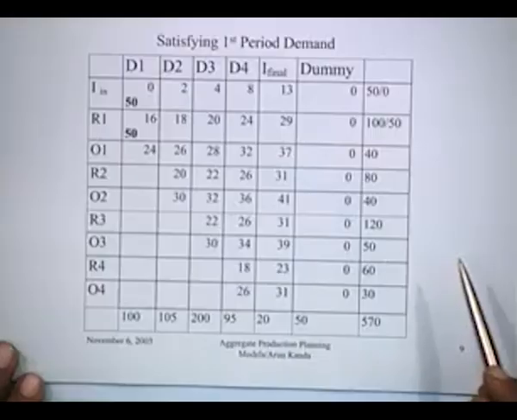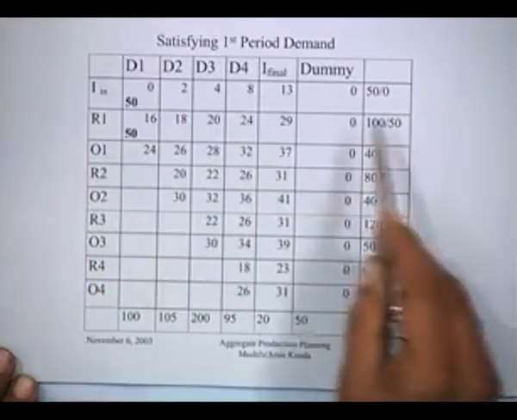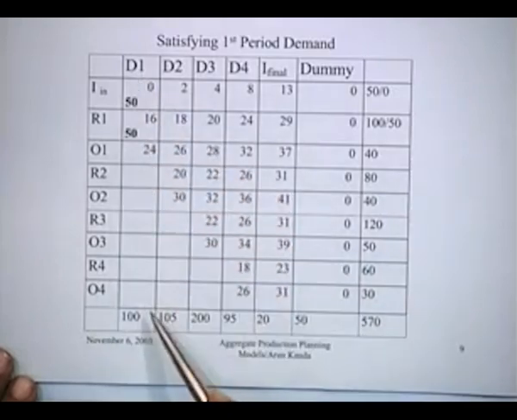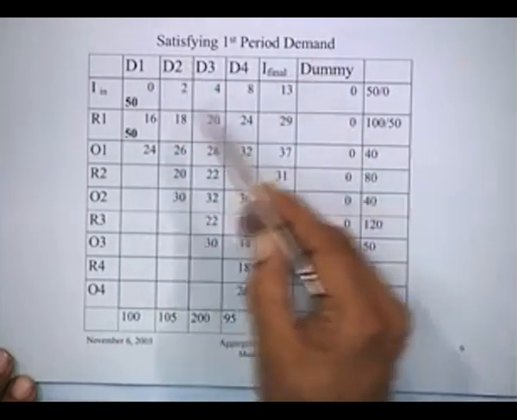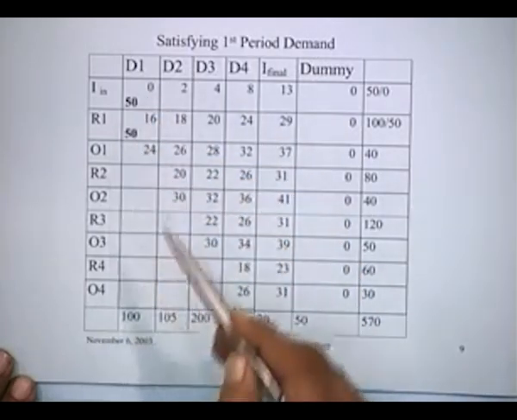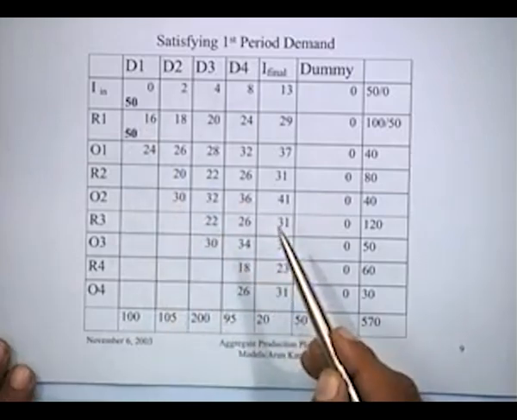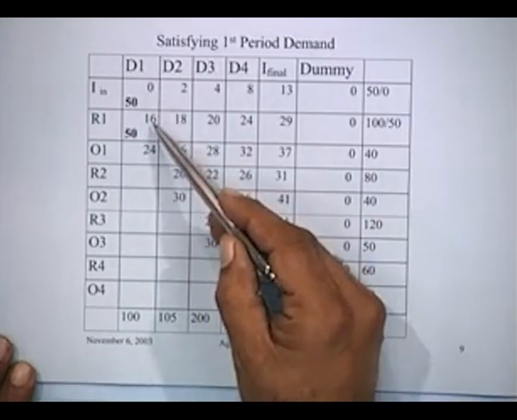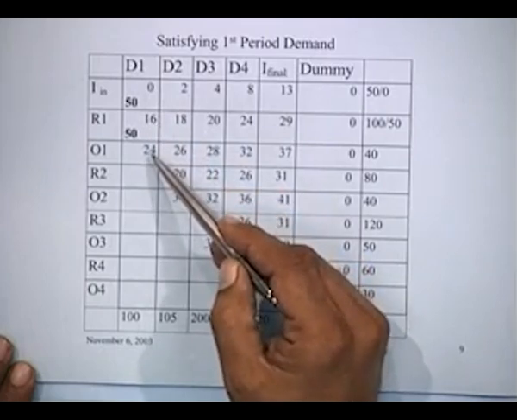What we do in trying to solve this problem is we start with the first period, the demand for the first period, and we satisfy the first period demand entirely. That means this 100 units of demand must be satisfied by taking the least cost sources. For instance, the costs are 0, 16 and 20, 24.